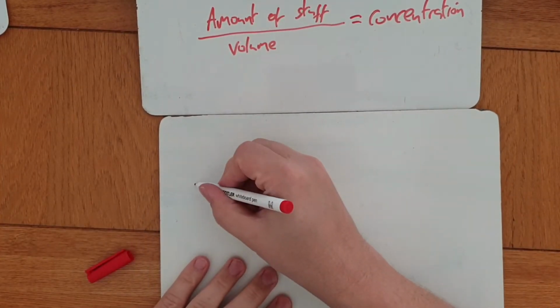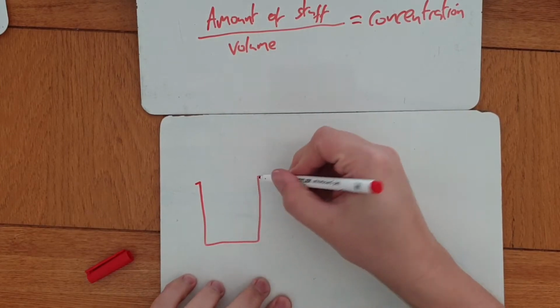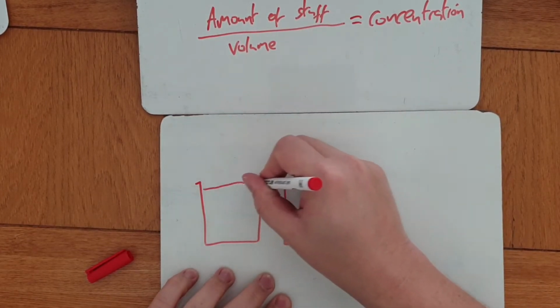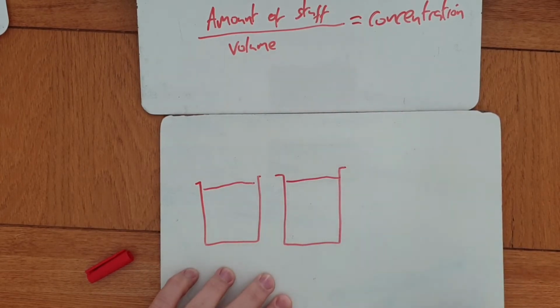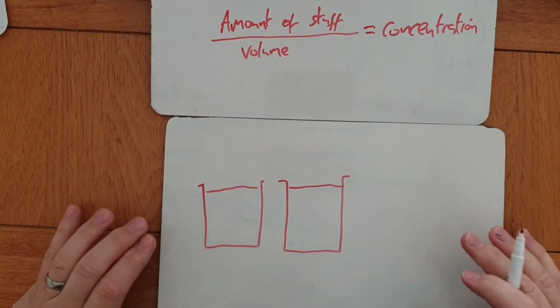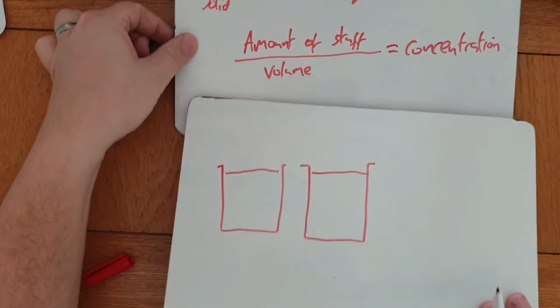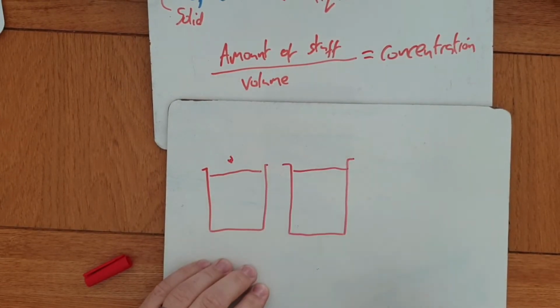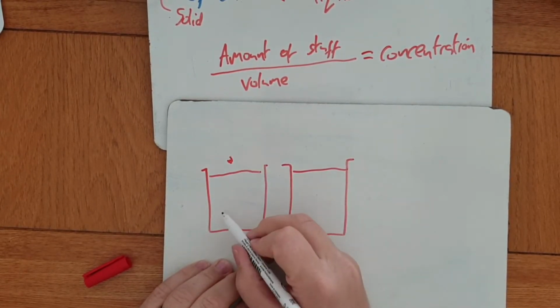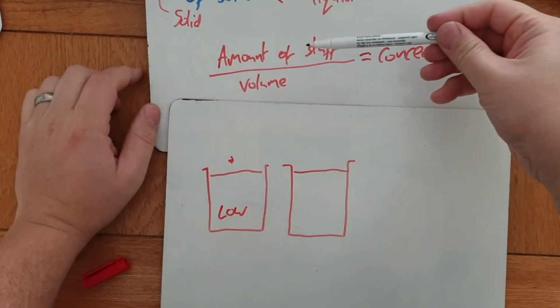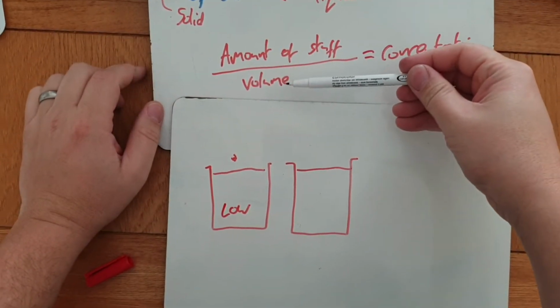So for argument's sake, you're going to have a huge beaker, another huge beaker. So the volume is really high with both of these. And if we add a tiny bit of stuff to that, that's going to end up with a low concentration because we've got a small amount of stuff divided by a really big number.